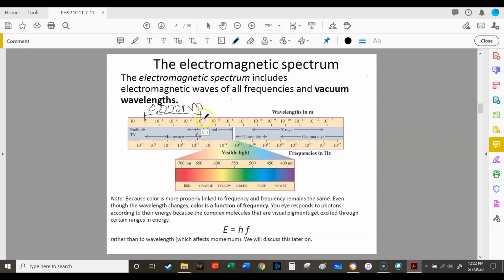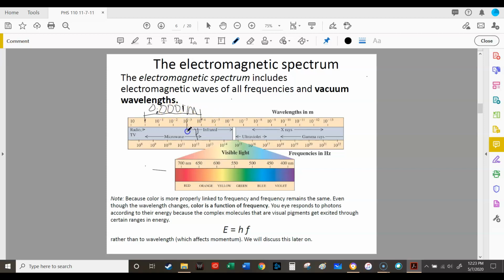So that distance is 0.001 meters, right? So that's a really small distance. It's a fraction of a fraction of a fraction of a meter, okay?